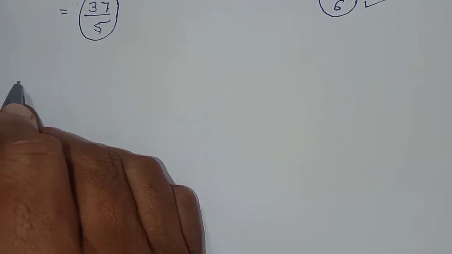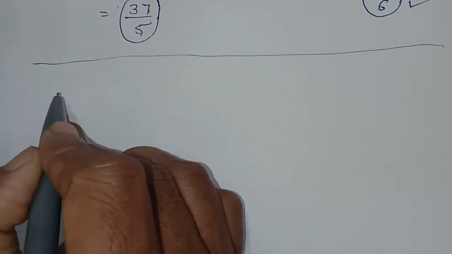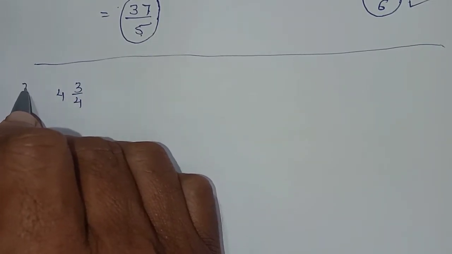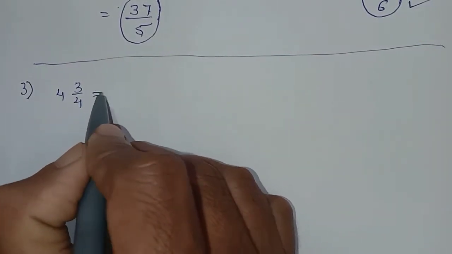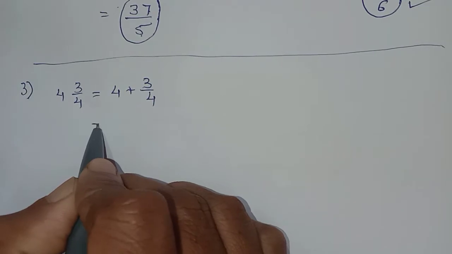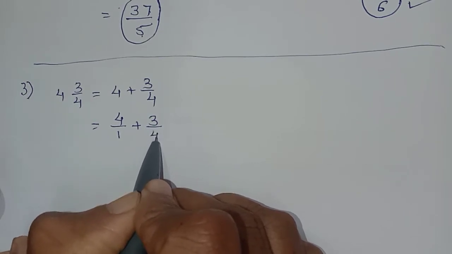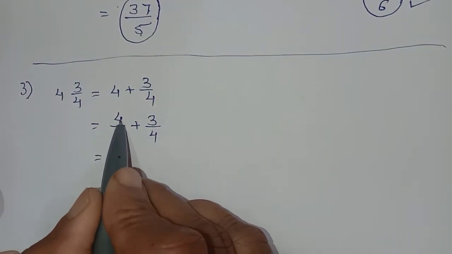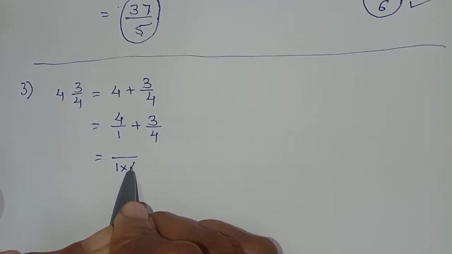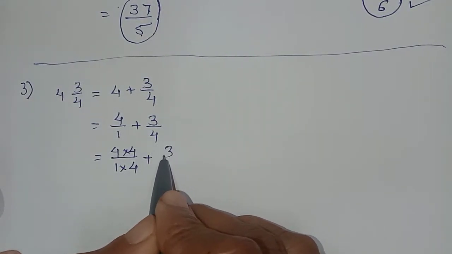4 integers 3 upon 4, we can write 4 plus 3 upon 4. We can write 4 as 4 upon 1 plus 3 upon 4. Now making the denominators equal, 1 into 4, 4 into 4 plus 3 upon 4.